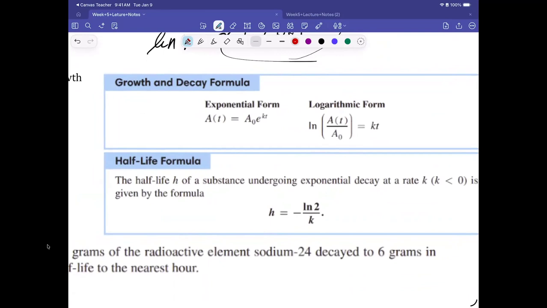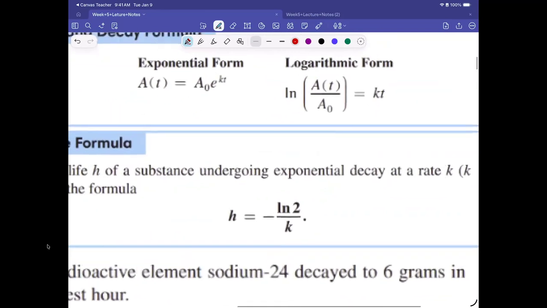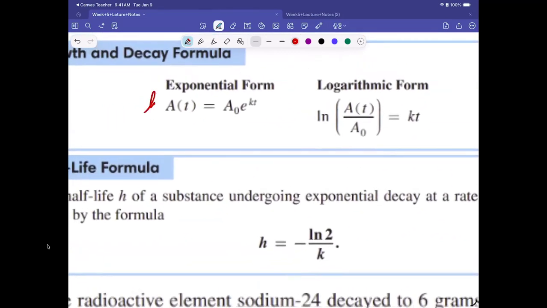Do you know what is going on? You don't have to write down, but if you would like to see, first I'm going to put the ln. And then this one is going to be ln A of t, and then kt, ln A0, right?